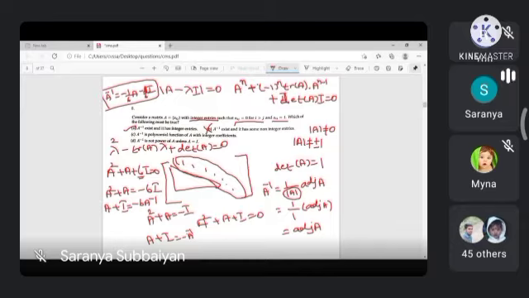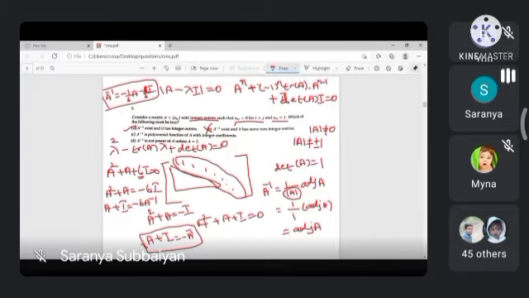A inverse is a polynomial function of A with integer coefficients. When is it possible? When the determinant of A is plus or minus 1. Only at that time is it possible. Otherwise, it's not possible, right? What is the coefficient of A inverse? It is a rational coefficient, not an integer coefficient. Suppose the determinant is either plus or minus 1, then A inverse has integer coefficients, right?